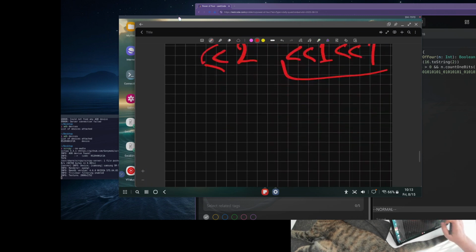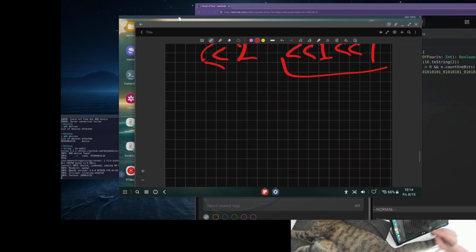So basically we have the bit representation. We have 1 for the 1, and then we do 1 bit shift and then a second bit shift. Oh, I'm so sorry, I apologize, this is not correct.